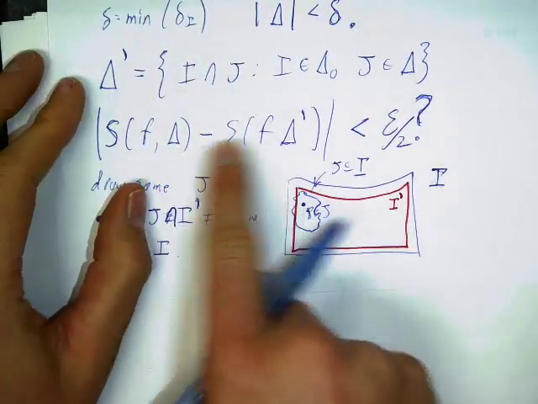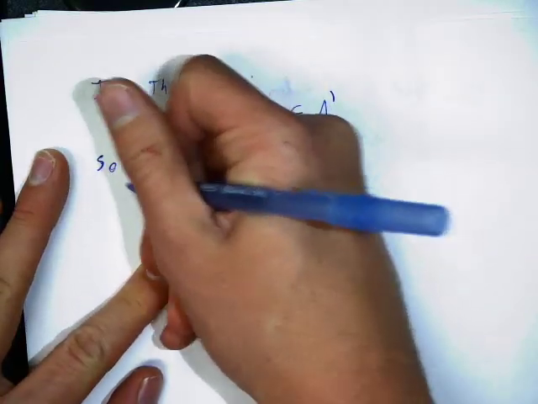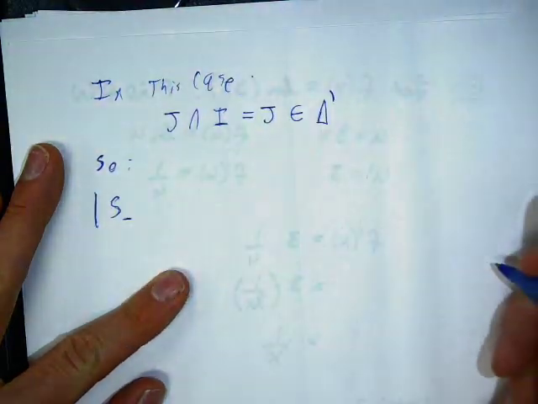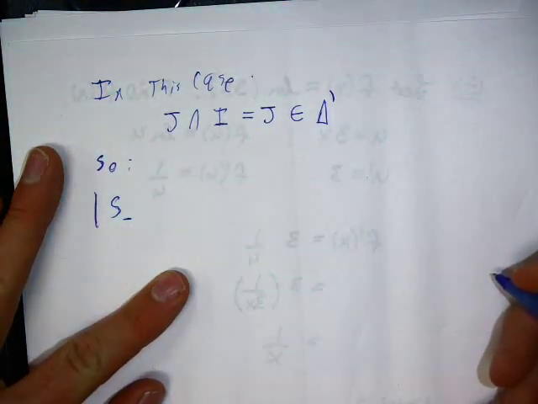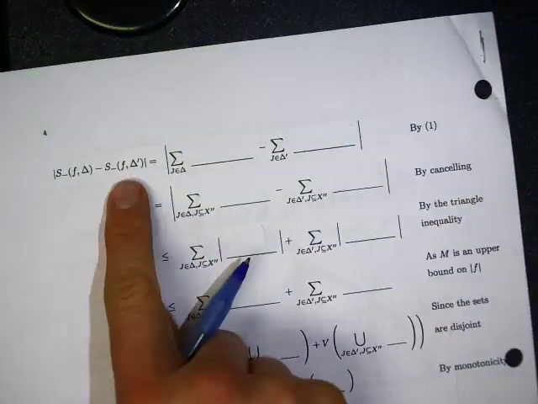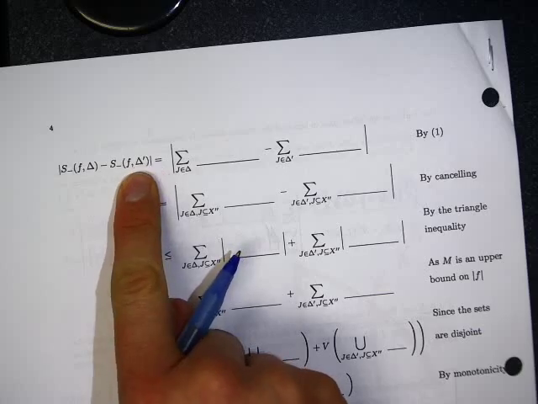So that means we can rewrite these sums a little bit. So instead of writing, I'll write it down for s minus. Actually, I think this is about where we were at the end of the notes. So maybe I should just move over to the actual notes. Nice. So let's write out this sum. So s minus of f delta minus s minus of f delta prime.